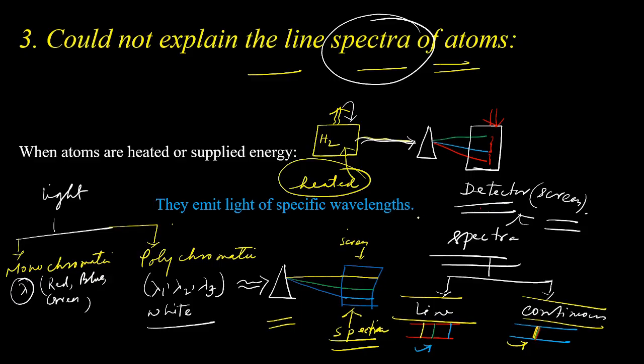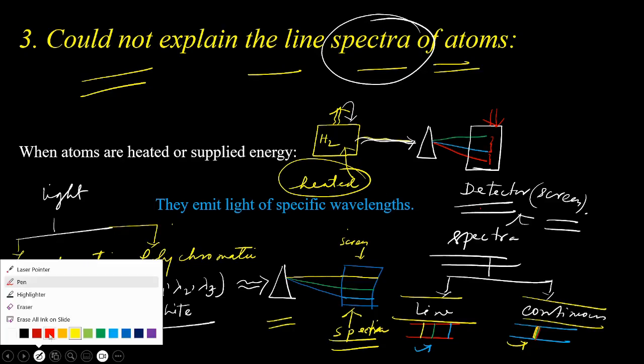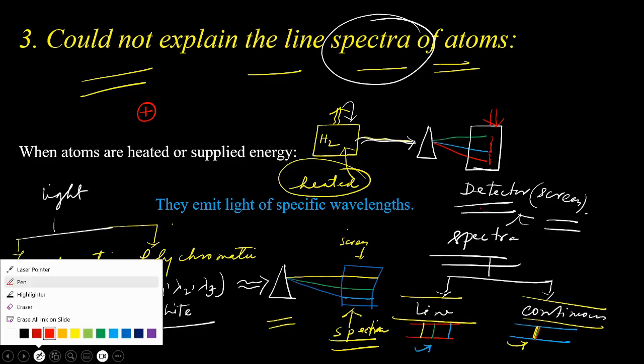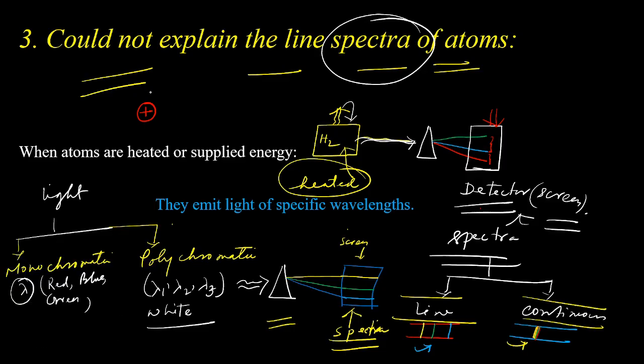So line spectrum of atoms could not be explained by Rutherford's atomic model because Rutherford's atomic model is saying that electrons are rotating around the nucleus in any circular path, right?